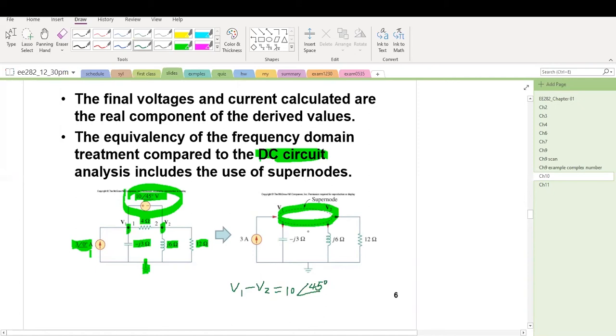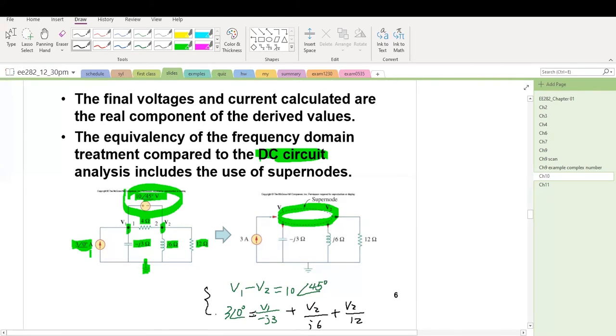Everything flowing in equals everything flowing out. The current flowing in, that's 3 at 0 degrees. That equals V1 divided by 3j plus V2 divided by j6, and then plus V2 divided by 12.